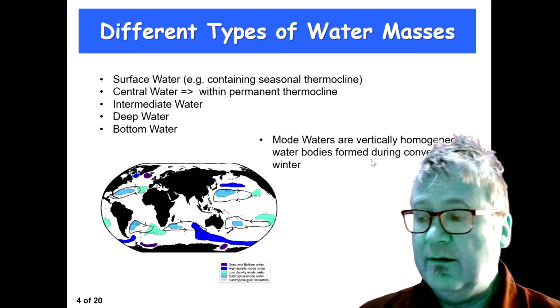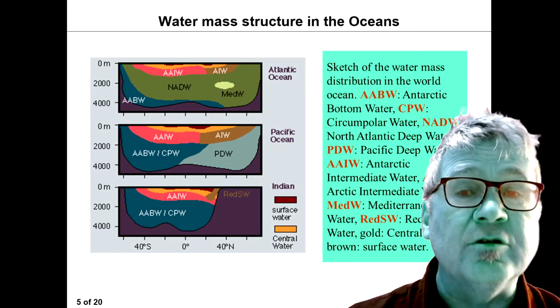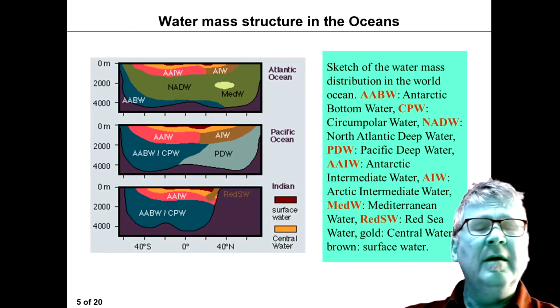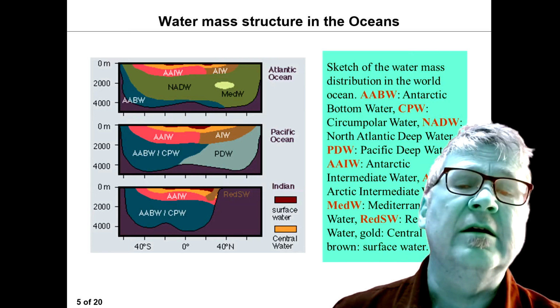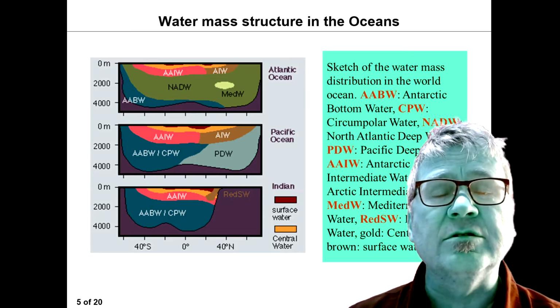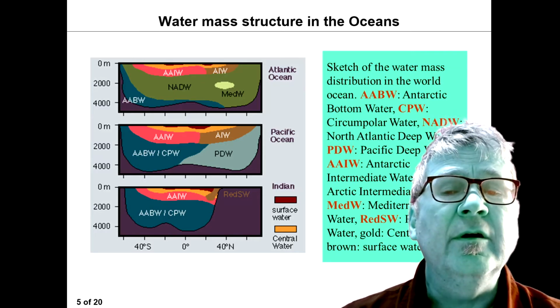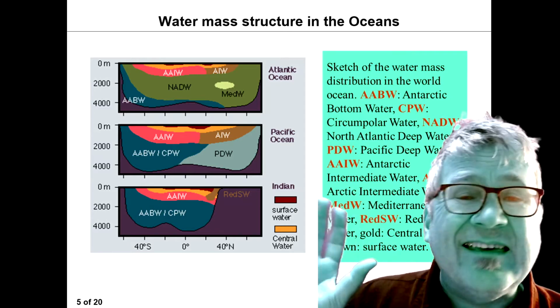All right. Let's have a look at the structure that we find in the ocean. Here's the structure of water masses in the Atlantic Ocean, the Pacific Ocean, the Indian Ocean. Essentially, we have these big cakes.